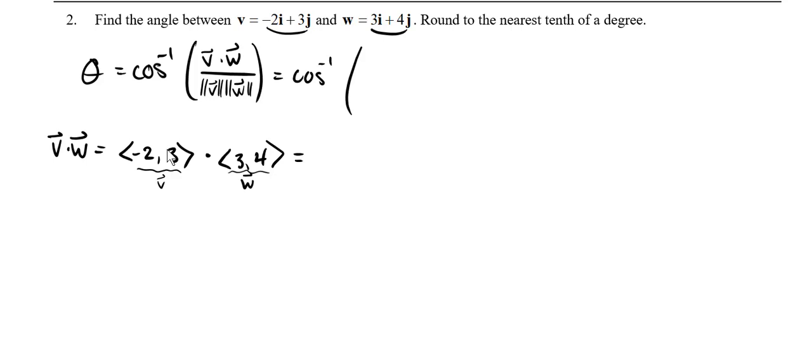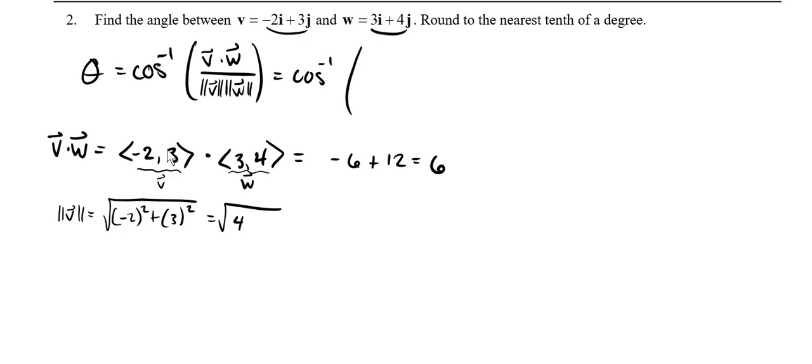We compute this out. Negative 2 times 3 is negative 6. 3 times 4 is 12. Add those results, we get 6. We need the magnitude of each vector. Remember, you could say the magnitude squared is v dotted with itself, or you can just remember it's the root of the sum of the squares of the components.